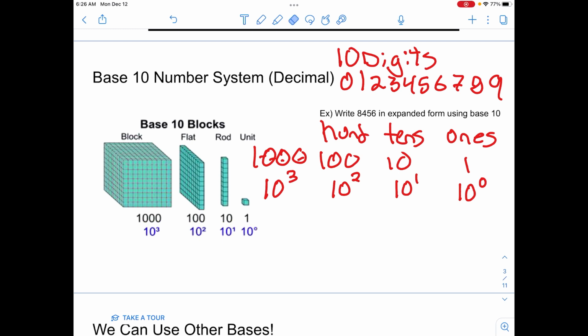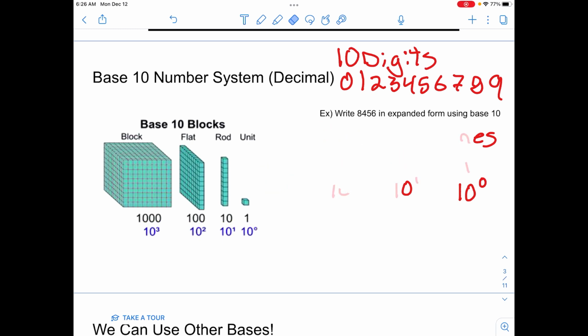Let's erase this for a second and let's show a specific example. The example here is write 8,456 using base 10. So let's break this number apart. We understand that this 6 is 6 ones, right?